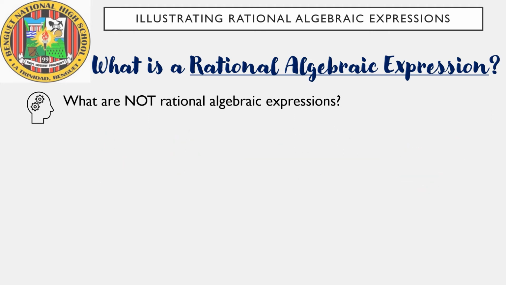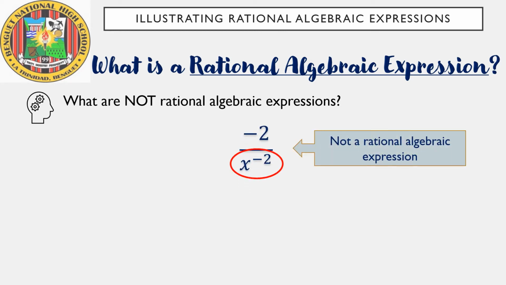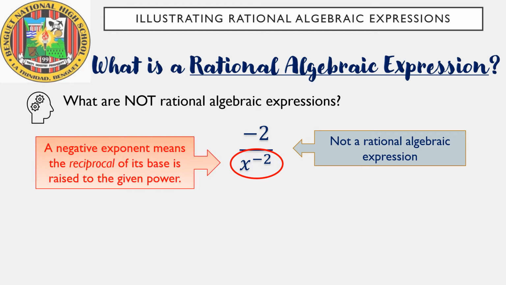Now, is this expression not an RAE? Yes, it is not an RAE because of the negative exponent. But unlike the previous examples, this expression can be rewritten as an RAE because it has a negative exponent. How do we do that?